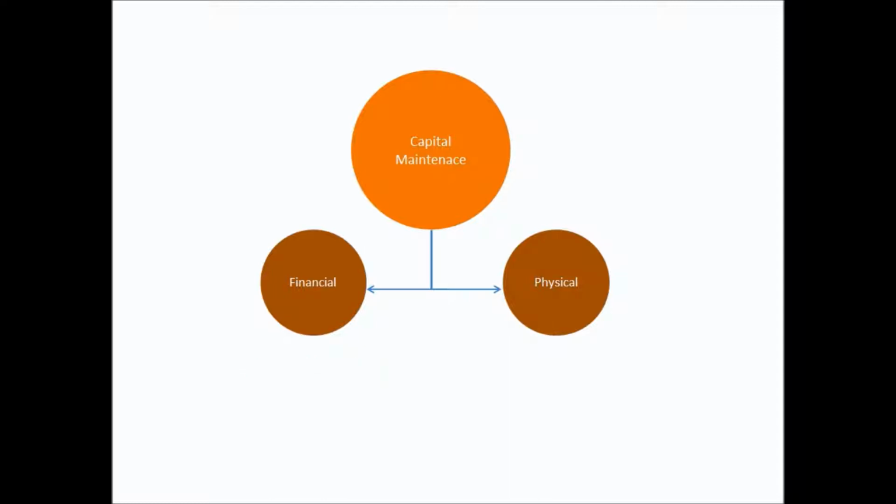It does not include the value of other capital assets. So in order to compute for the profit under the financial capital maintenance, we should compare the net assets at the beginning and the net assets at the end. If the net assets at the end exceeds the net assets at the beginning, we have the profit.